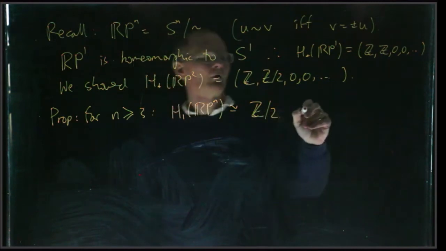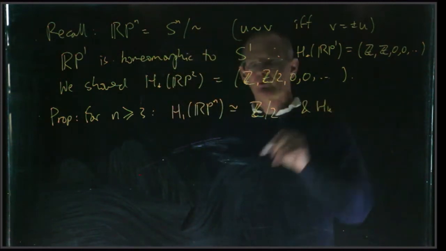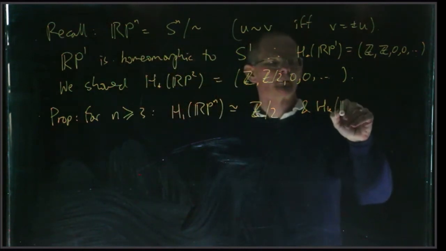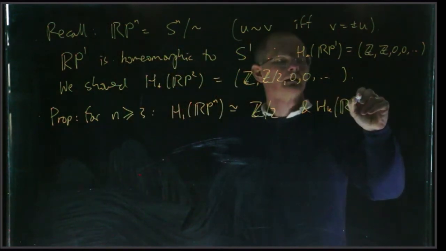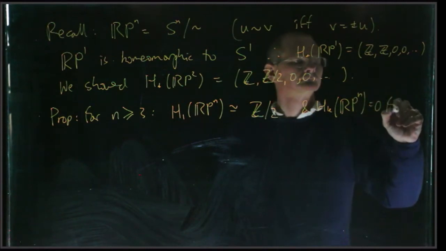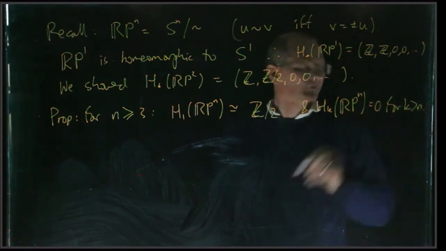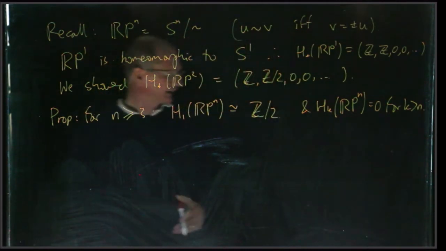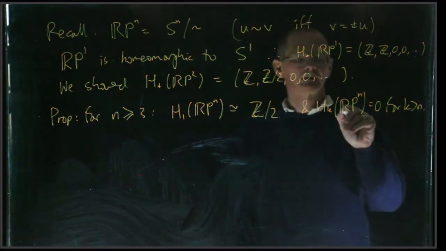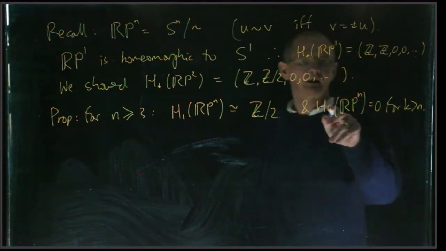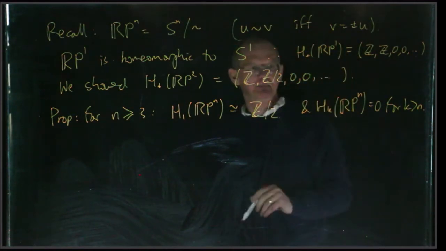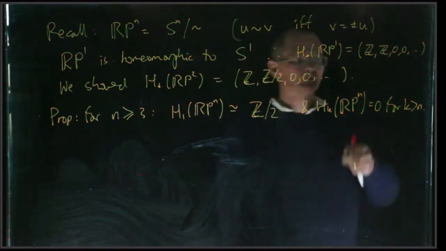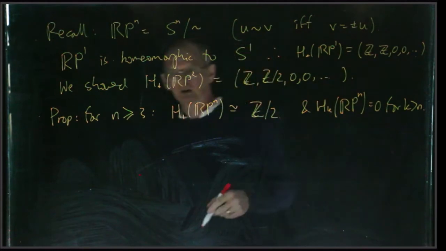We're also going to need to know that these homology groups stop eventually, and they stop above the dimension. For k bigger than n, you've got no homology group. This is a general fact that we're not going to prove in this course, but when you've got a space that's n-dimensional in some appropriate sense, then you don't have any homology for k bigger than n.